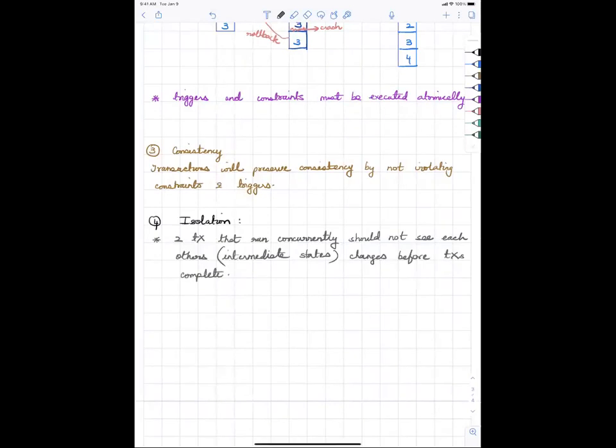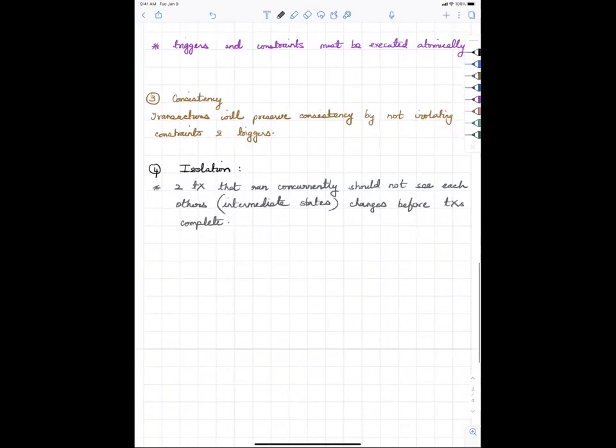So that's really what isolation means: even though in reality things are running concurrently, you shouldn't be able to see each other's intermediate states. Isolation is achieved by serializability.